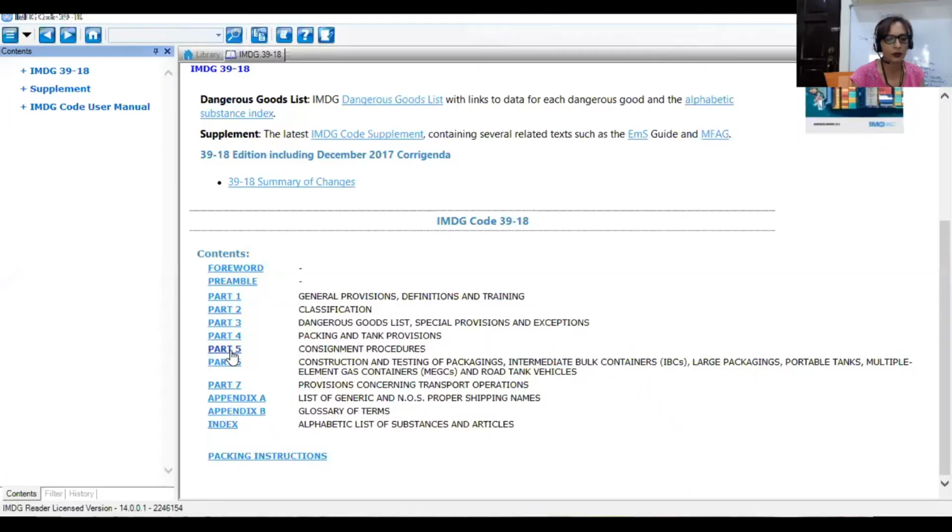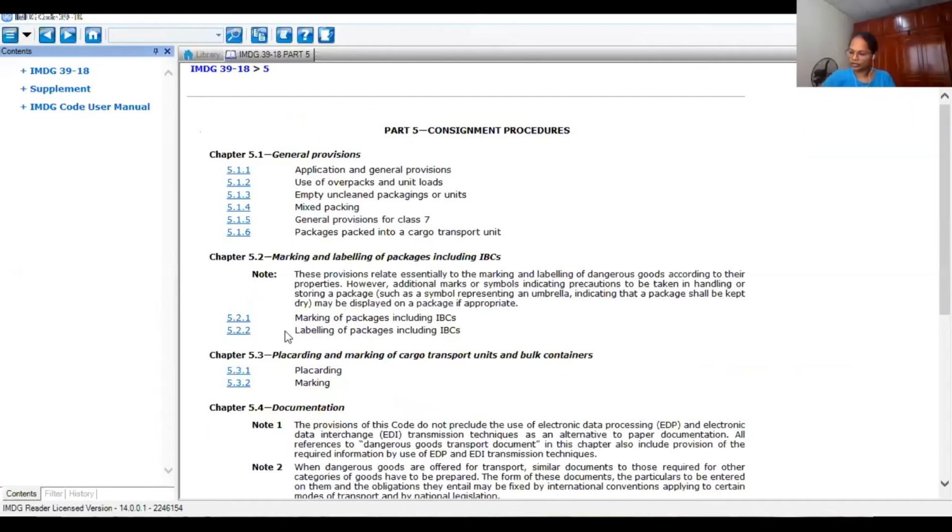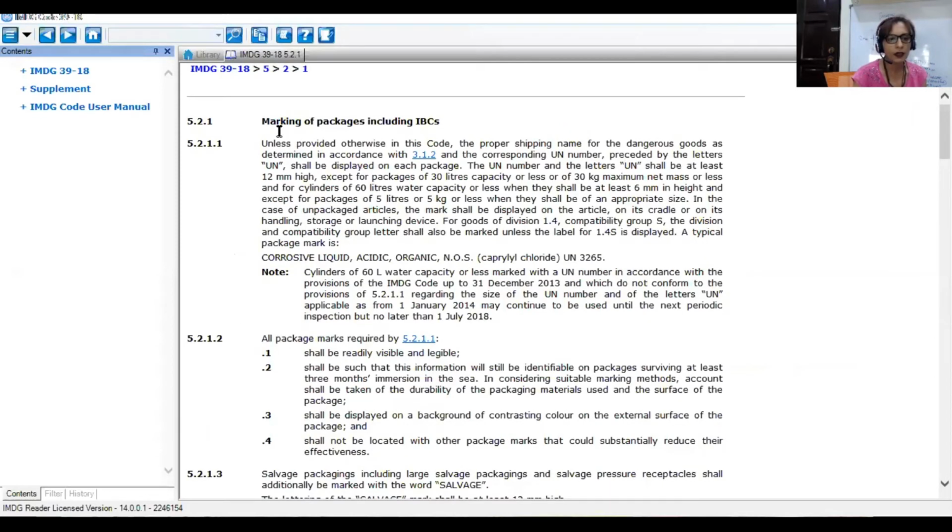and if you have the code book, I would ask you to go to part 5. I'm sharing that now on the screen with you. In here, you can see labeling. 5.2 is all marking and labeling of packages, including IBCs.